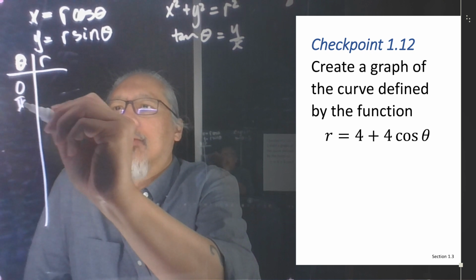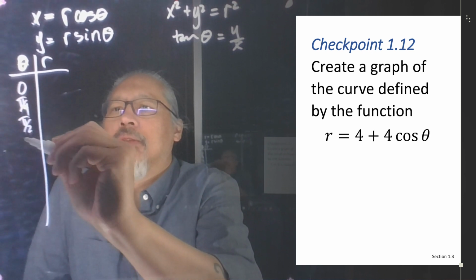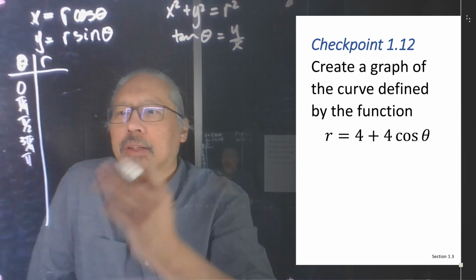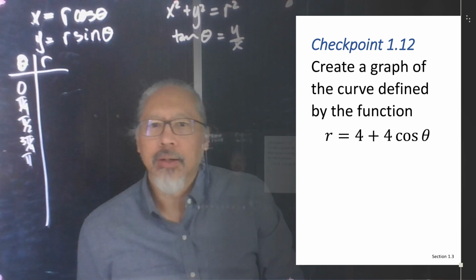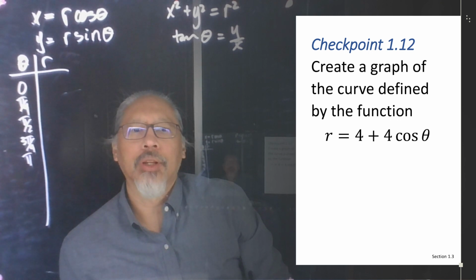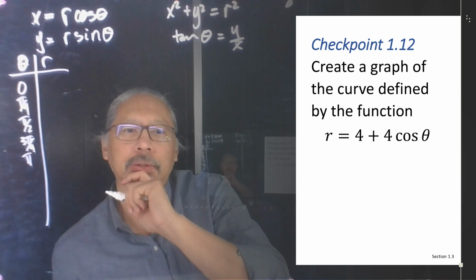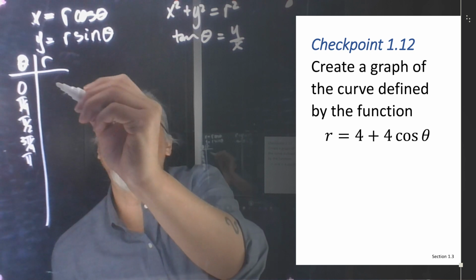0, maybe pi over 4, pi over 2, 3 pi over 4, pi, and let's see if we can go on. We'll pause here for a minute and then put in some values. Cosine of 0 is 1, so 4 minus 4 is 0.